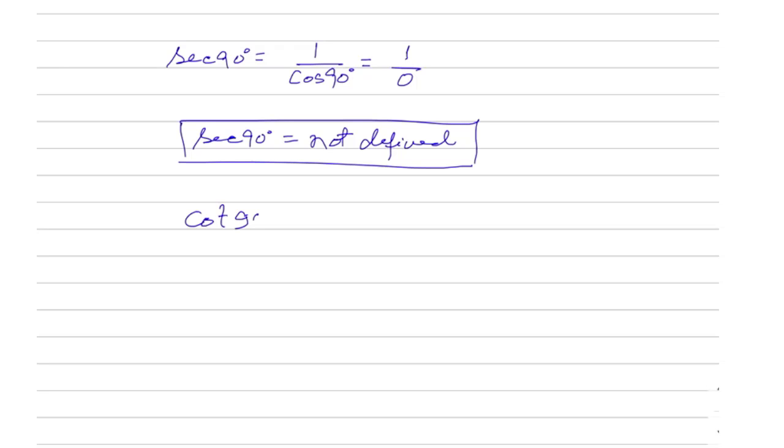And cot 90 degree is equal to 1 upon tan 90. And tan 90 is not defined, which is written as infinity. So 1 upon infinity is equal to 0. Therefore cot 90 is equal to 0.